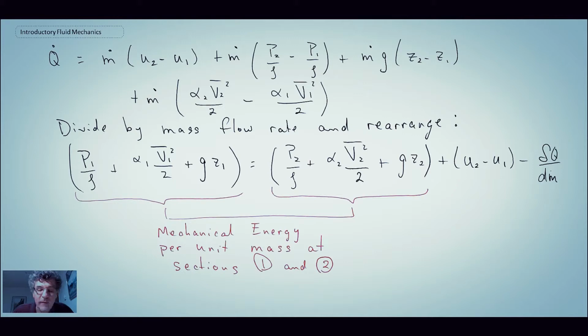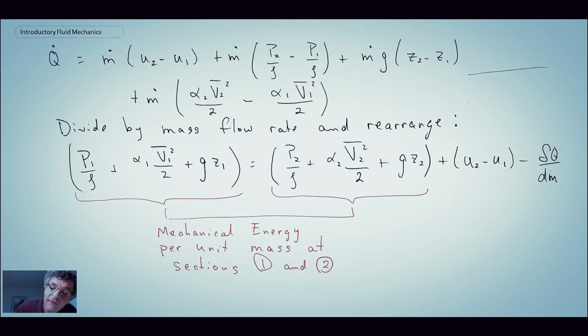If we have a pipe with turbulent flow, or it could be laminar flow, but viscous flow within it, as the fluid moves along, the pressure is dropping. The reason is that pressure is being used to overcome the viscous shear within the fluid flow, and consequently, the mechanical energy is dropping. Where is that energy going?